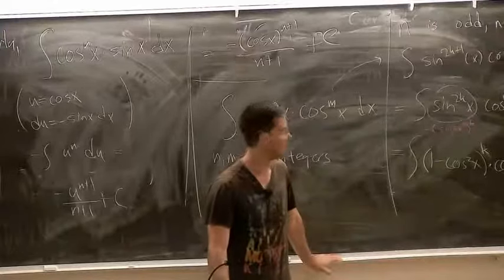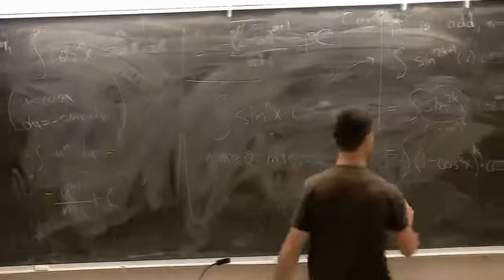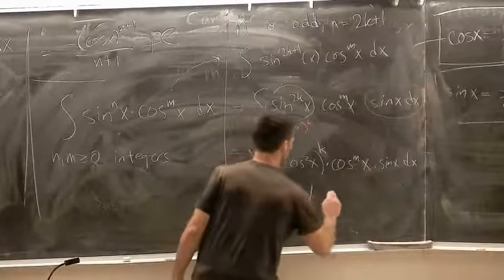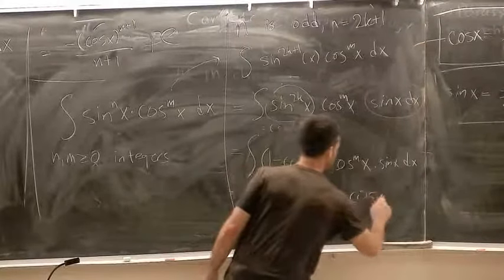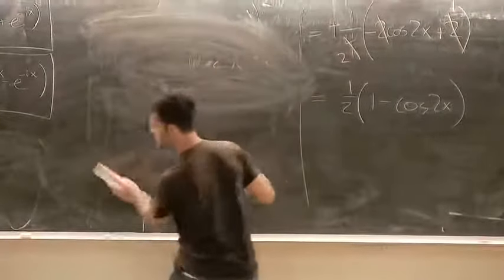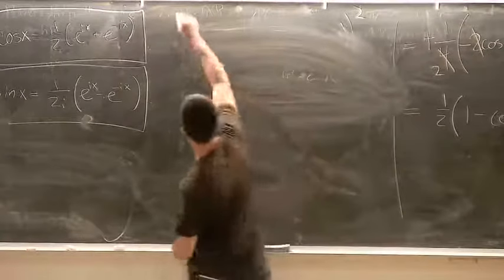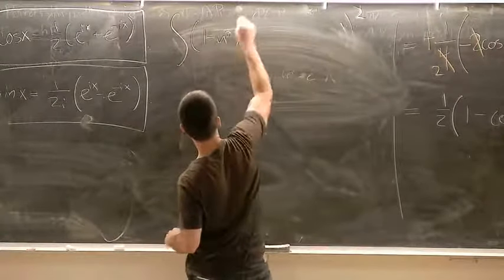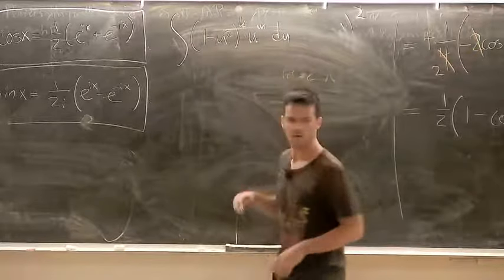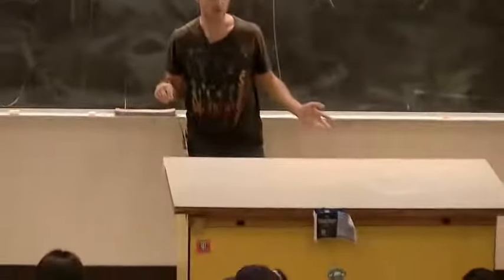And now it's all set up for a u substitution. So if we let u equal cosine, then the point is we can solve it, right? We get 1 minus u squared to the k times u to the m du, which is just a polynomial.